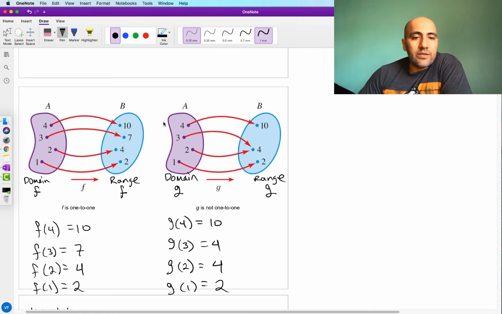The difference between these two functions is that for the f function, every unique value in the input, every unique value in the domain, leads to exactly one value in the range. That's required for a function, right? In a function, every single value in the domain is mapped to a unique value in the output. So both of these are functions.